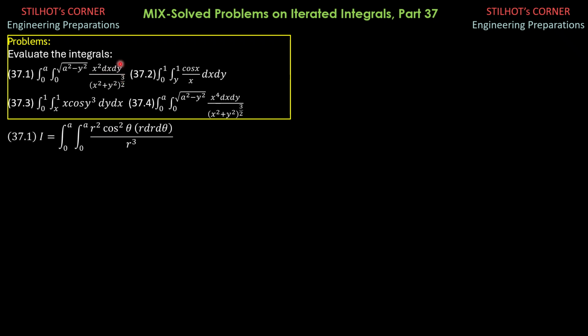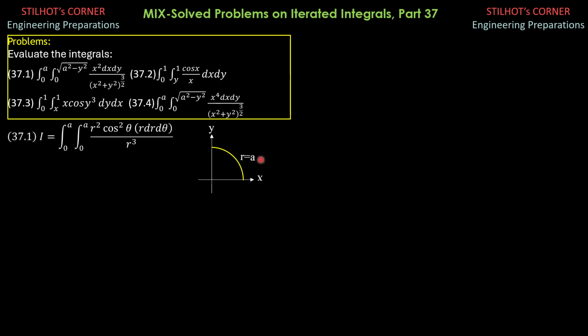The differential area dx dy is r dr d theta, as explained in the preceding slides. Then r squared to the 3 halves is r cubed. So we change the limits to 0 to pi over 2, 0 to a of this.